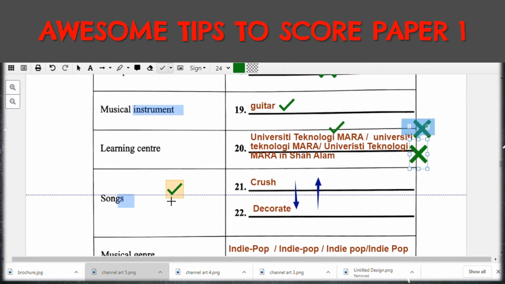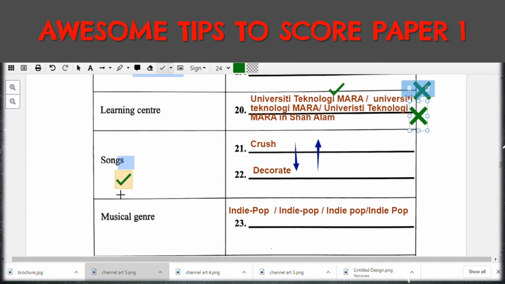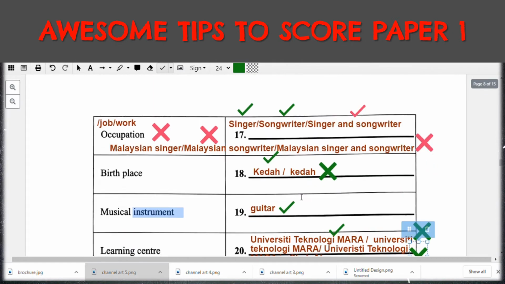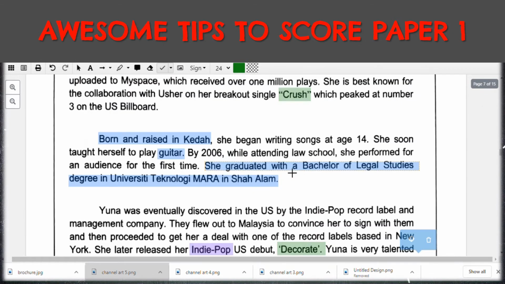Be careful. It's written here, songs. So, you must have 2 answers. If you have something like this, 21, 22, the answers are interchangeable. You can write either Decorate first or Crush first. Now, where do you find the answer? Let's look at the passage.